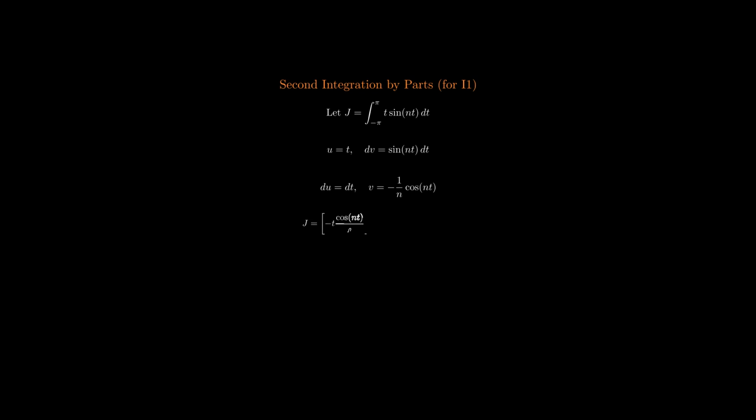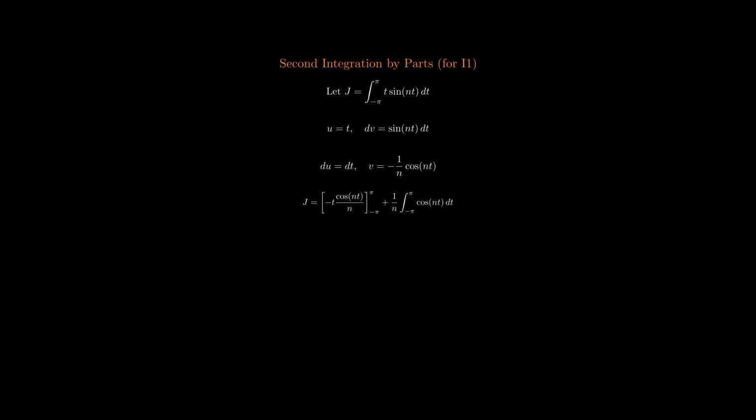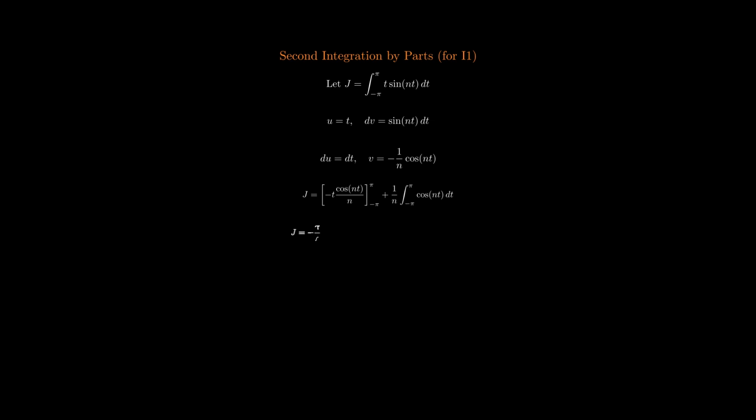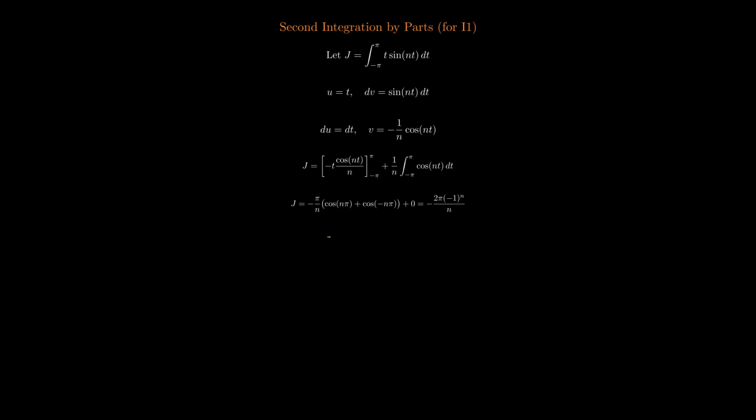Evaluate the boundary term carefully. Since cosine of n pi equals minus 1 to the n, we obtain J equals minus 2 pi times minus 1 to the n over n. Therefore I1 equals 4 pi times minus 1 to the n over n squared.